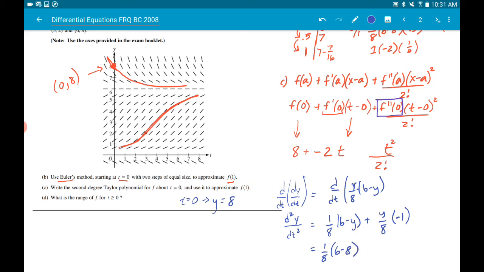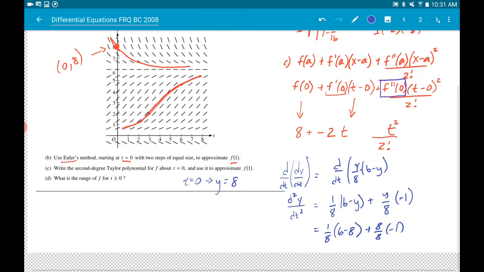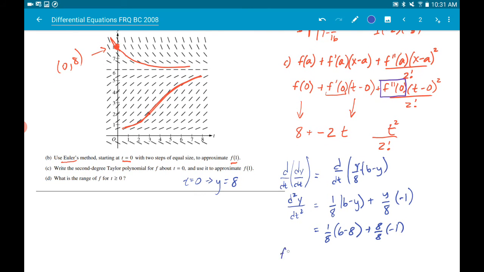I'm plugging in 8, not 0, plus 8 over 8 times negative 1. So I think the second derivative at 0 is going to be negative 2/8 minus 1, which is negative 1 and 1/4, minus 5/4.